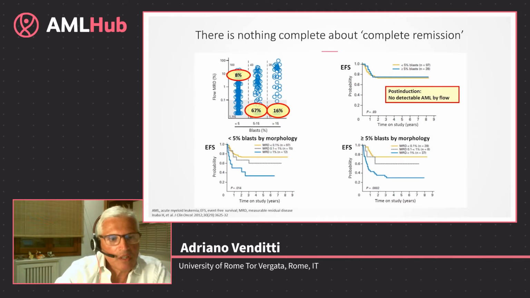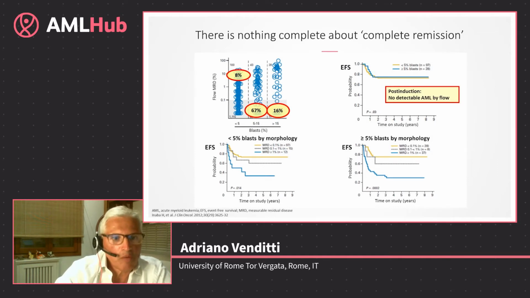The investigators collected more than 1,000 bone marrow samples after induction 1 and induction 2. These samples were evaluated morphologically and by flow for the persistence of measurable residual disease.